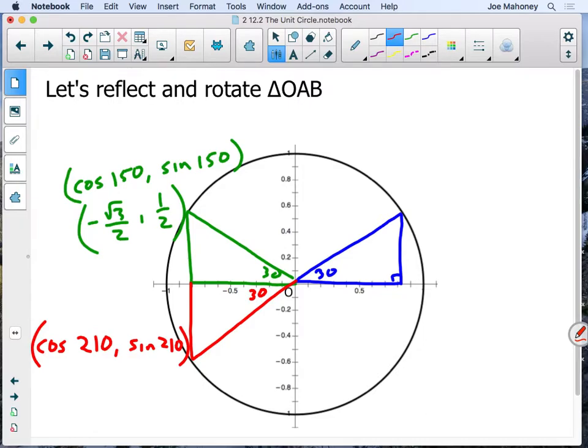But we know those exact values as well. Cosine is the x value. My x value is still negative. So the cosine of 210 is negative radical 3 over 2. And the sine of 210, the y value, now it's not positive 1/2, it's negative 1/2.